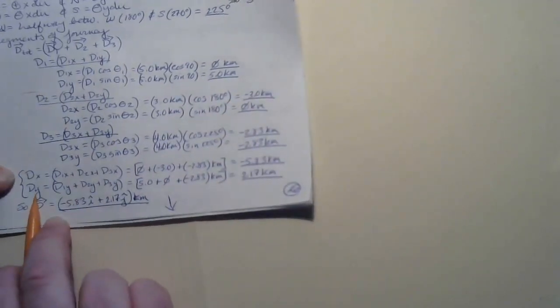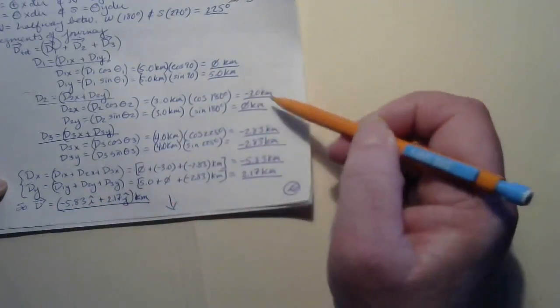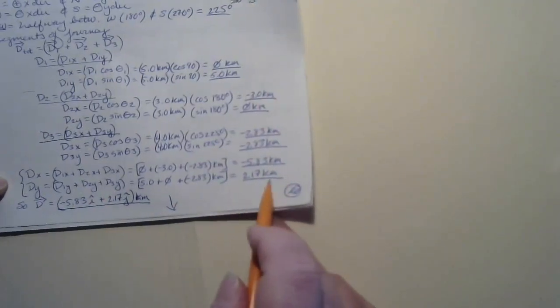The y component of the overall displacement vector is the y component for the first segment plus the y component for the second segment plus the y component for the third segment. So that's 5 plus 0 plus negative 2.83, which is 2.17 kilometers.